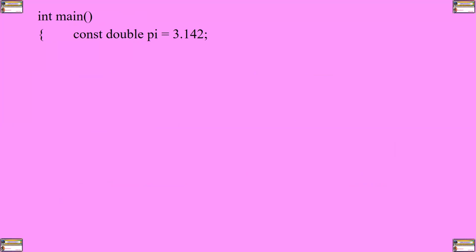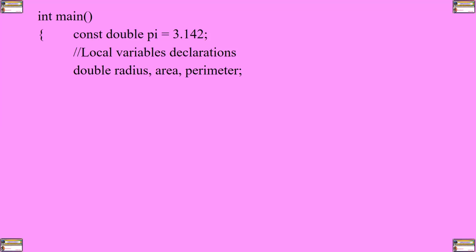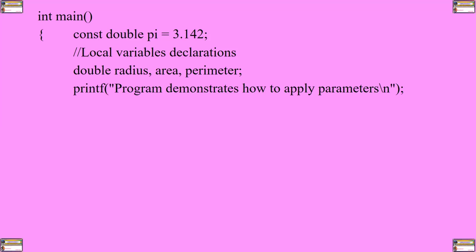So the value there is not supposed to be changing. Then we have some local variables here. We are telling the processor to set aside memory locations called radius, area, and perimeter, which are expected to hold values of type double.